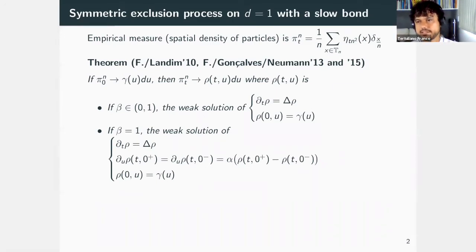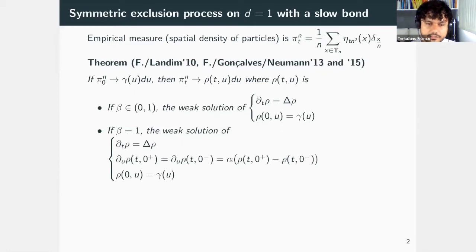This slow bond creates a discontinuity, and the derivatives, which means the flux of particles, is proportional to alpha times the difference of the densities, which is related to Fourier's law, or in particle systems, Fick's law. The passage of the quantity is proportional to the difference of densities.